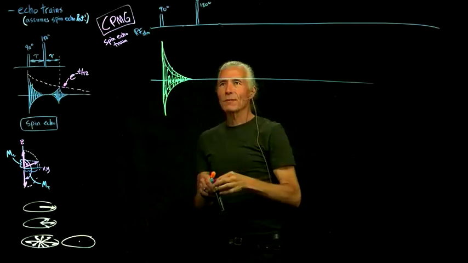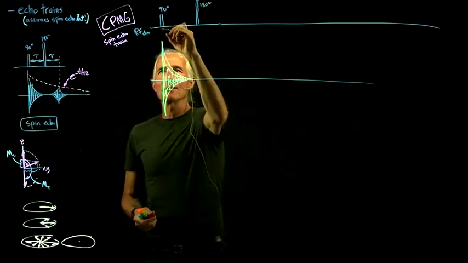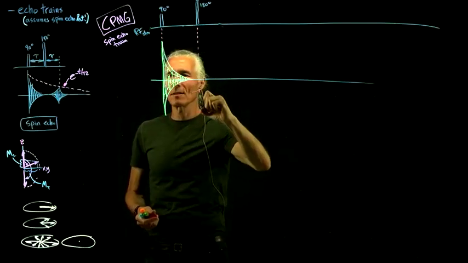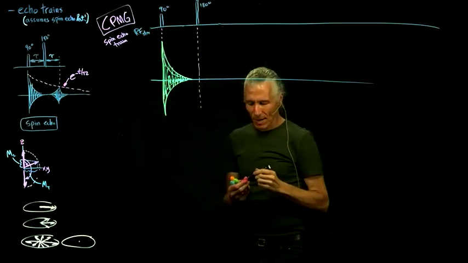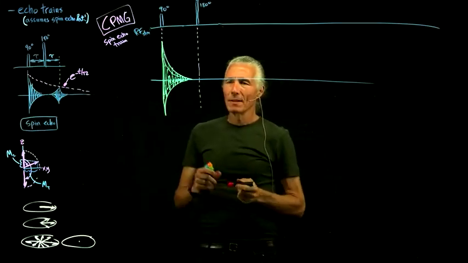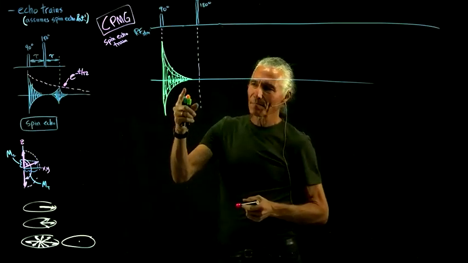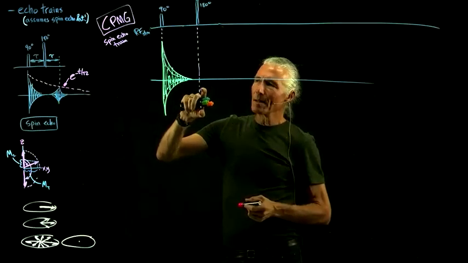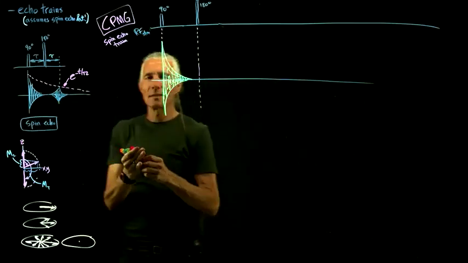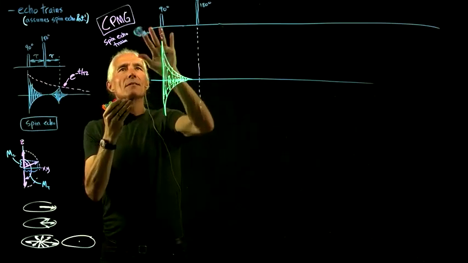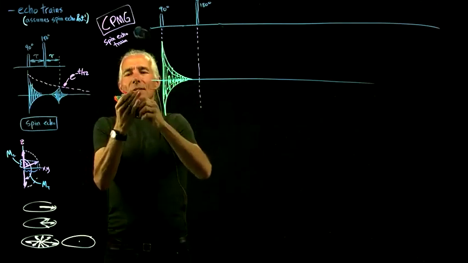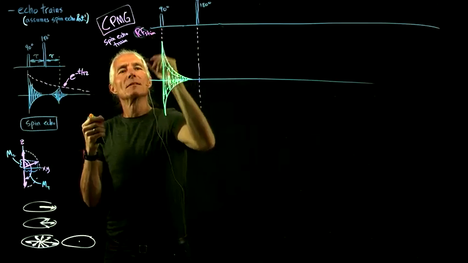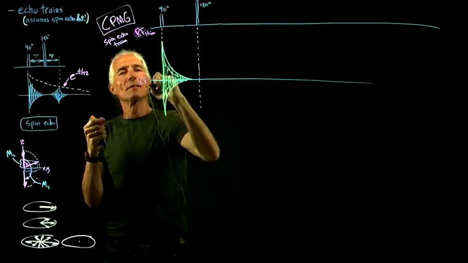There's a big signal coming out of the 90. If everything went right with our 180, there should be no signal coming out of the 180, though 180s are often slightly imperfect, so there might be a little signal. There's no transverse magnetization, because we waited a long time. This is RF stim, and this is RF record.